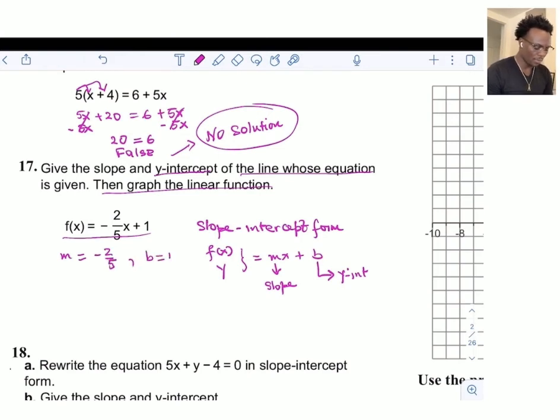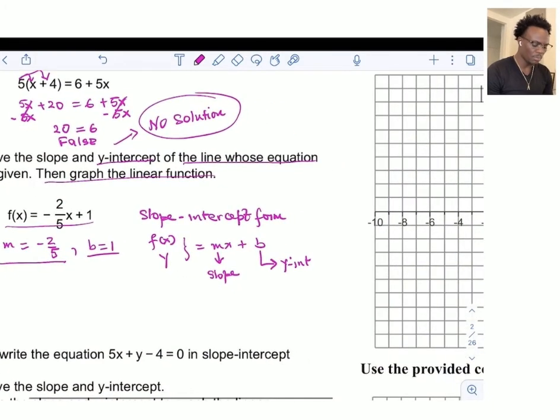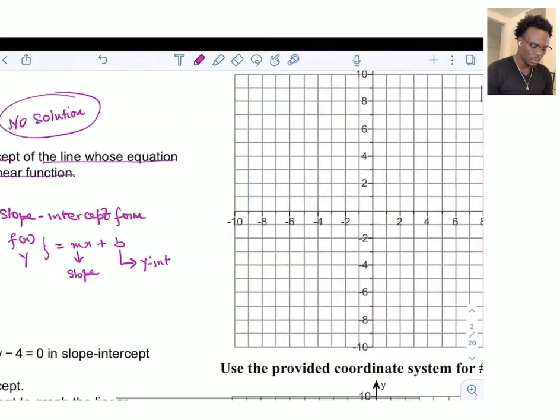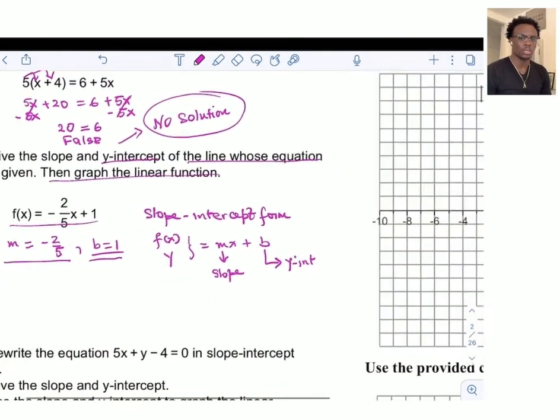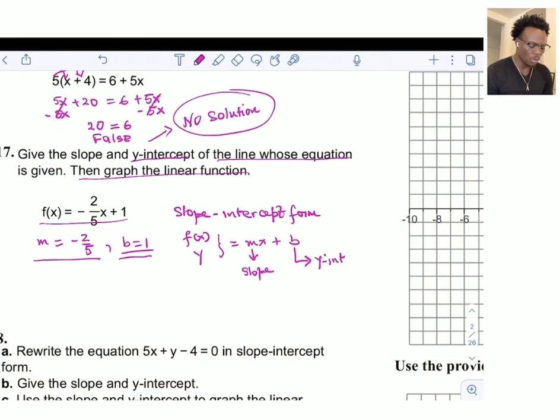Now, since we have slope and y-intercept, we can go ahead and plot them in the coordinate system. So b is 1, so I'm looking for 1 on the y-axis. And then m, the slope, is -2/5, which means down 2.